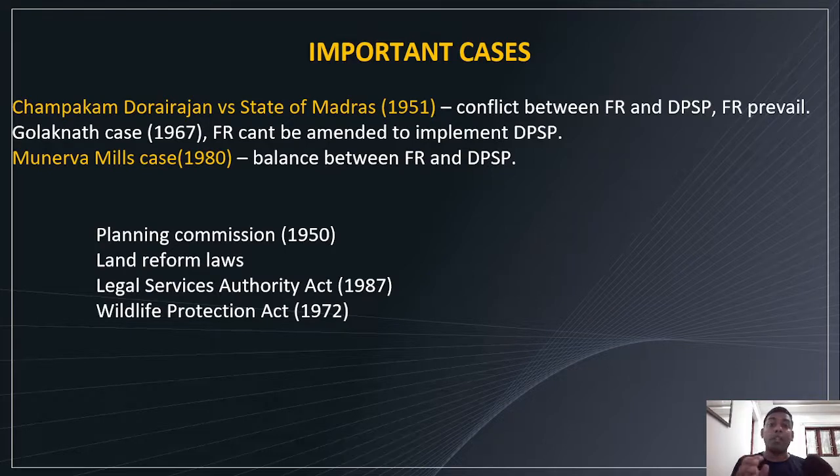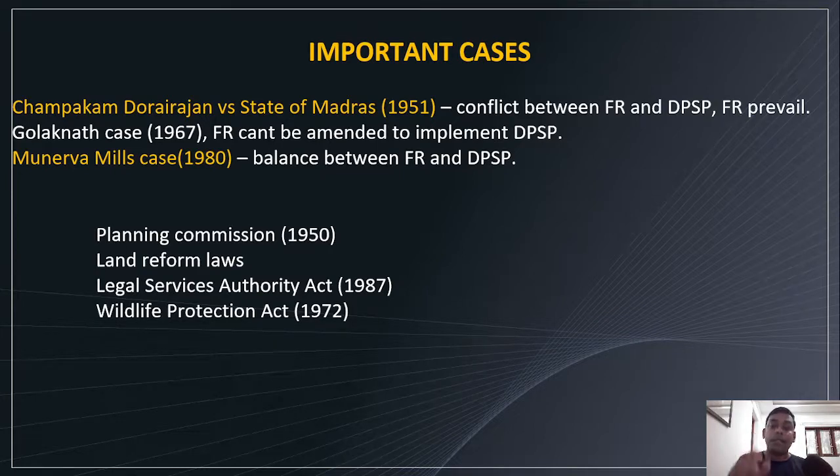State cannot do much against fundamental rights. That is, these restrict the government. These fundamental rights restrict or limit the power of the government. That is why it's called a negative obligation. But DPSP is a positive obligation. How?